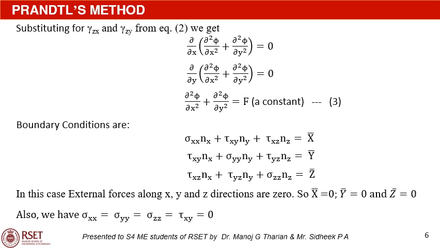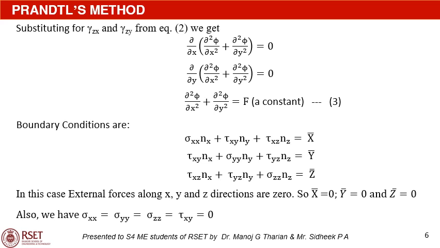The boundary condition equations are given by sigma xx into nx plus tau xy into ny plus tau xz into nz equal to x bar; tau xy into nx plus sigma yy into ny plus tau yz into nz equal to y bar; and tau xz into nx plus tau yz into ny plus sigma zz into nz equal to z bar, where nx, ny, and nz are the direction cosines of a point on the boundary of the cross-section. X bar, y bar, and z bar are the externally applied forces along the x, y, and z directions respectively.